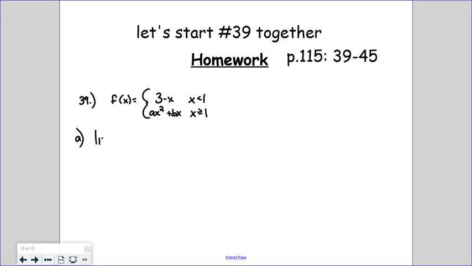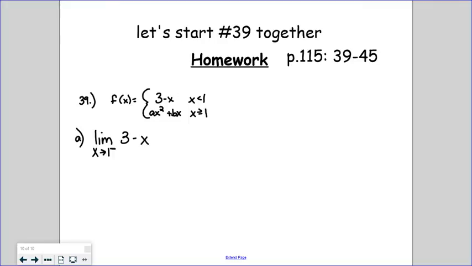The limit as you approach 1 from the left, and the limit as we approach 1 from the left is going to use that first function, because that's where x is less than 1. And we are just talking the limit of the function. So we're not doing a derivative or an instantaneous velocity or anything like that.